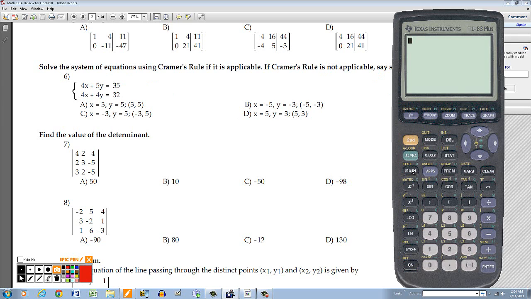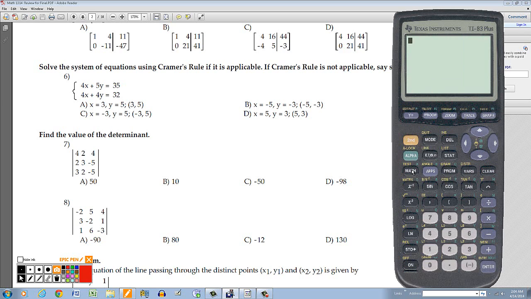Several ways that I showed how to find the determinant of a square matrix. In this case, you can go to the matrix menu to do that and edit. I also gave a way to do it on the main screen. So that's what I'm going to do here.